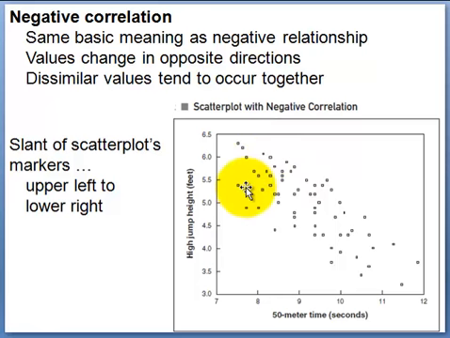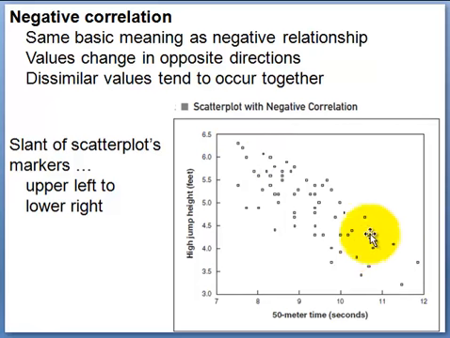So let's look at this area of the scatter plot. Here are folks who are low in 50 meter time and high in high jump height. So they're low in the 50 meter and high in the high jump. These are dissimilar values occurring together.